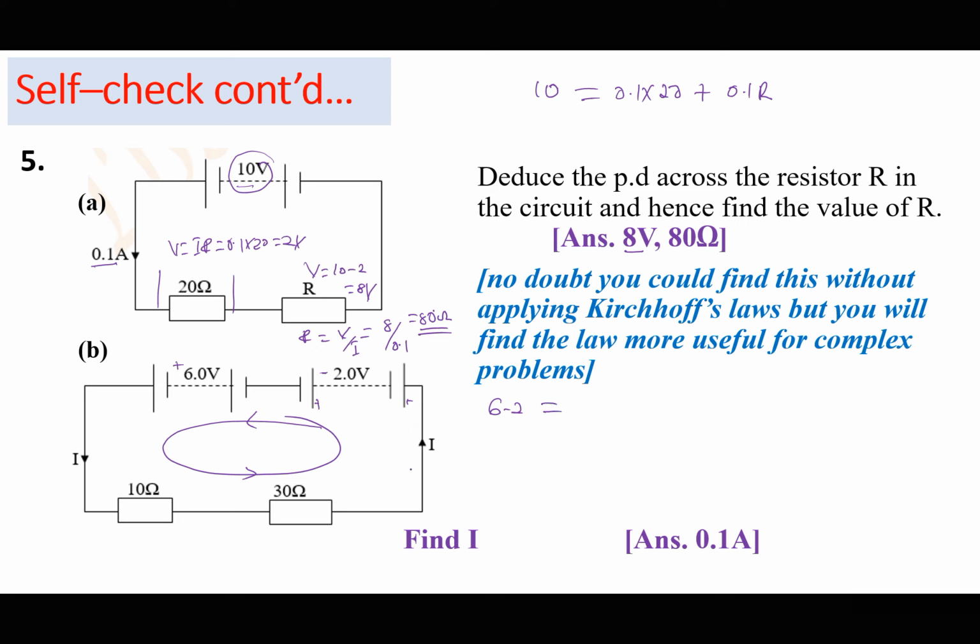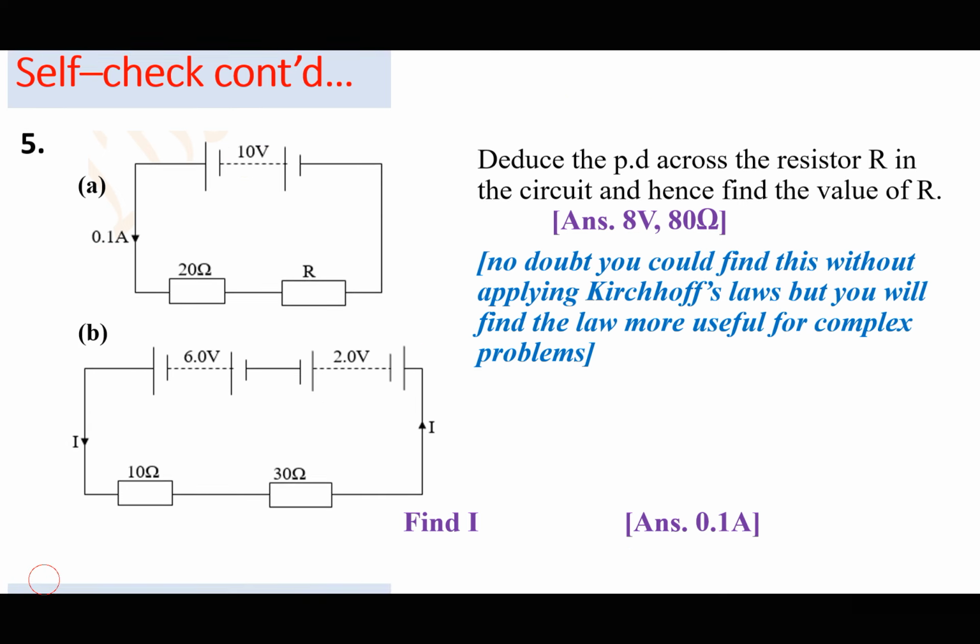Should be equal to the sum of PDs, which is 10 times I plus 30 times I. So I is going to be equal to 4 divided by 40, which is 0.1 amperes using Kirchhoff's laws. Alternatively, you can find effective EMF and total resistance, and current is equal to effective EMF divided by total resistance.